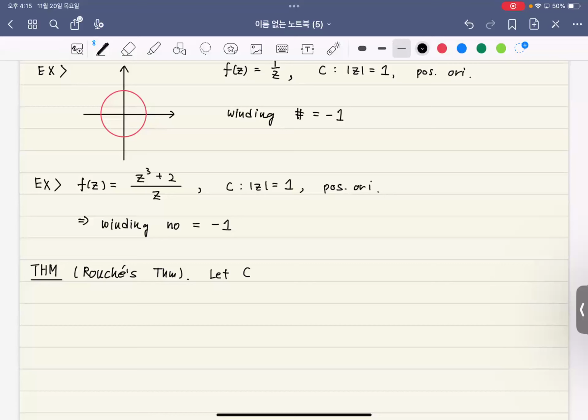I have a simply closed curve C. Suppose that, number 1, you have two functions, f of z and g of z, and they are both analytic in the region bounded by this curve.